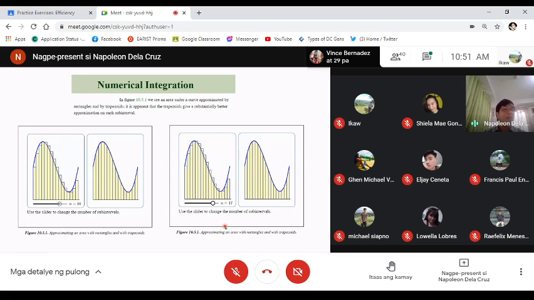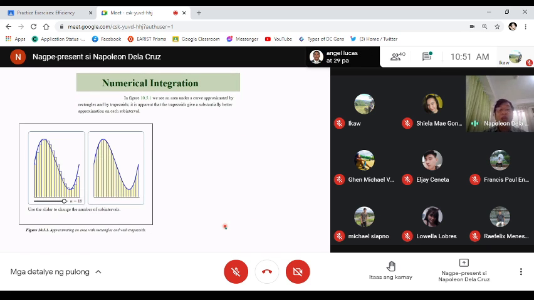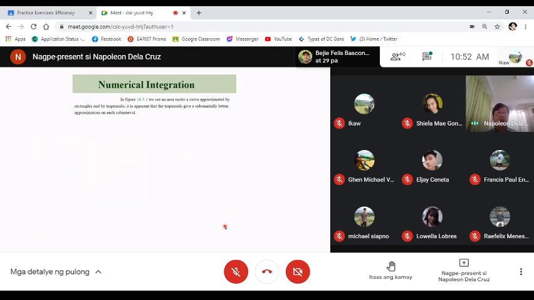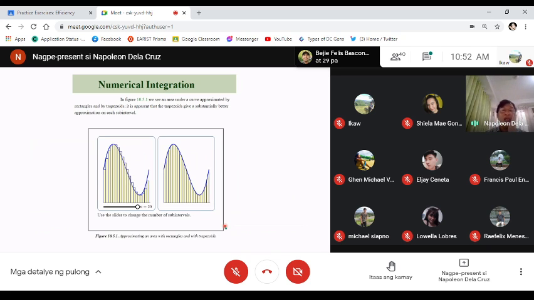This is using numerical integration. Pero anyway, mamaya, i-compare naman natin ang solution by using numerical integration and then the solution using integral calculus. Okay?